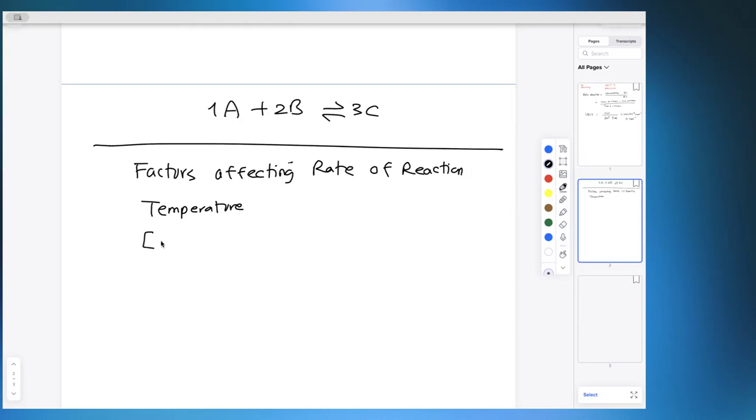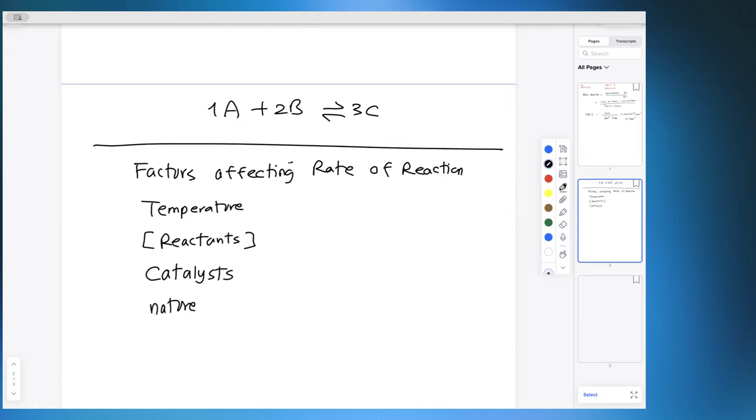Then the concentration of the reactants only, of course, not products, which we write between brackets. Increasing the concentration increases the rate, and decreasing it decreases it. The presence of a catalyst increases the rate of the reaction.